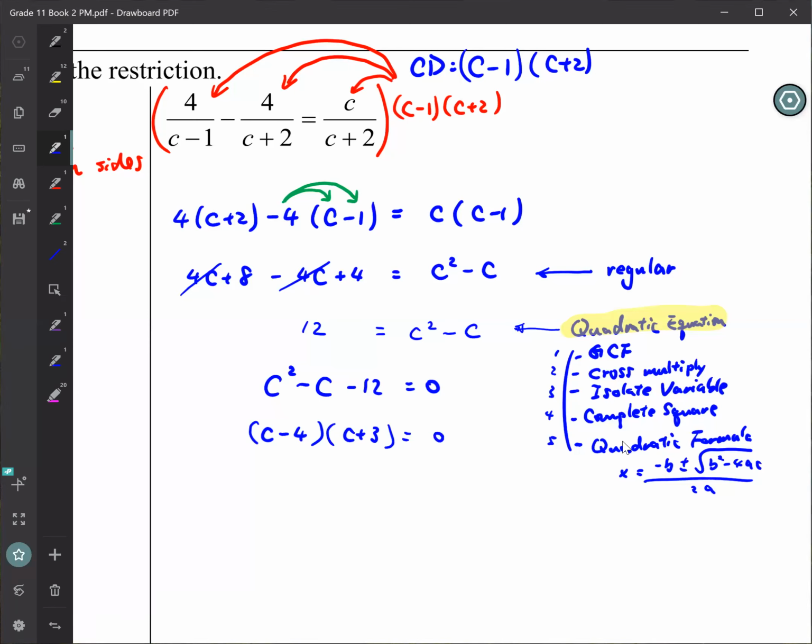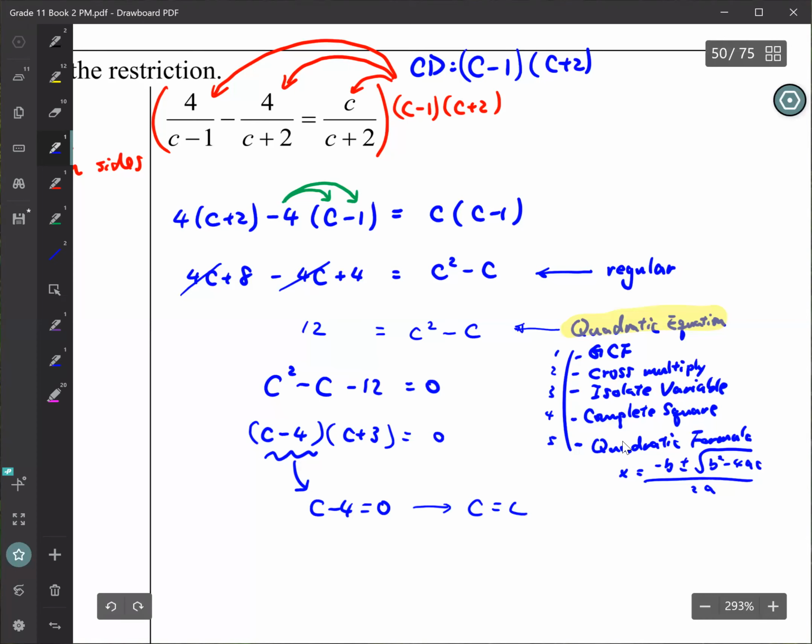No. You will take each bracket, and similar to the way you find restriction, you solve for C. So C minus 4 equal to 0 gives you C equals 4. Then you do the same thing for the other one.